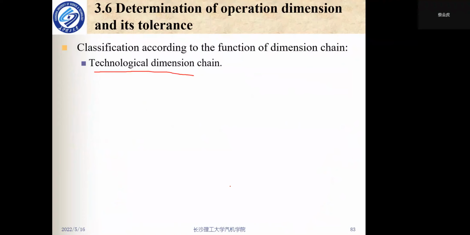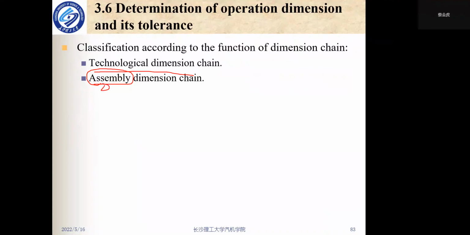And the second one is assembly dimension chain. We can figure it out by the name. It is formed by some related dimensions of different components or parts in assembly process. So it can be explained by the word assembly.